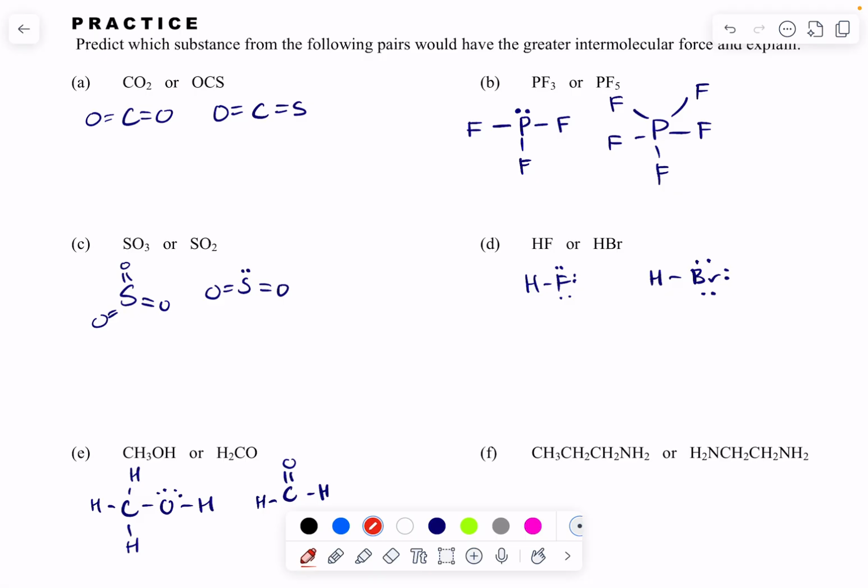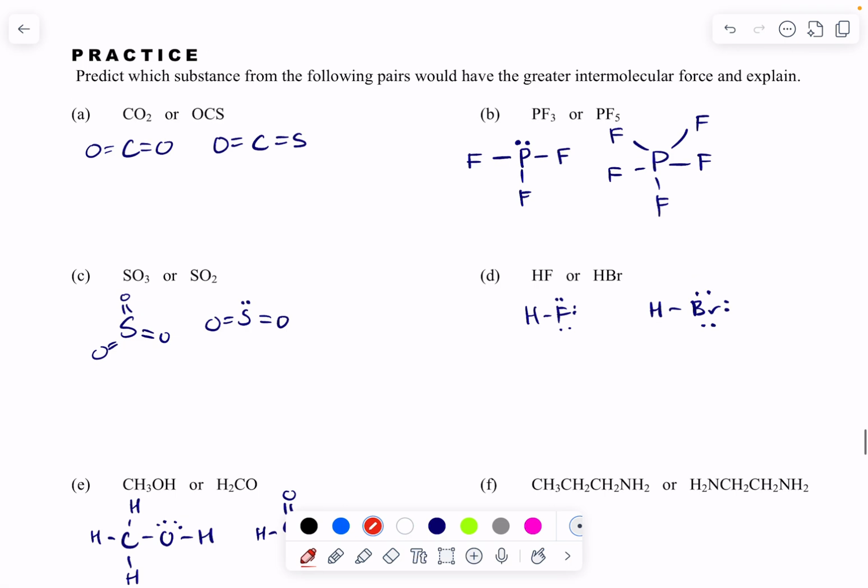We just want to predict which substance from the following pairs will have the greater intermolecular force and explain. So we need to be excellent at being able to determine polarity. I would look at carbon dioxide, and while there are dipoles going this way, they both cancel, so there's no net dipole. So I'm going to call this NP, nonpolar.